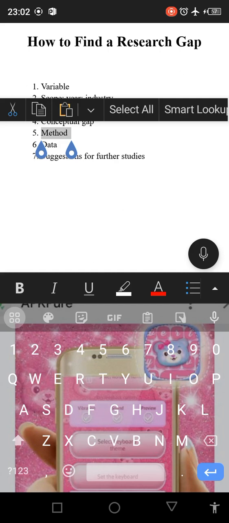For instance, you might feel that the method used inside the studies, or let me say the literatures that you are mapping out, does not address their research questions very well. And you might feel that there may be a need for more research to develop a new research method in order to explain those questions better, or probably to refine the existing method in order to address the specific questions better.